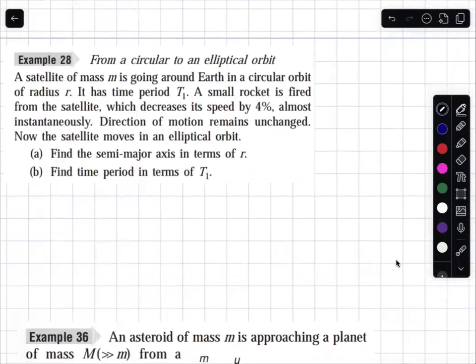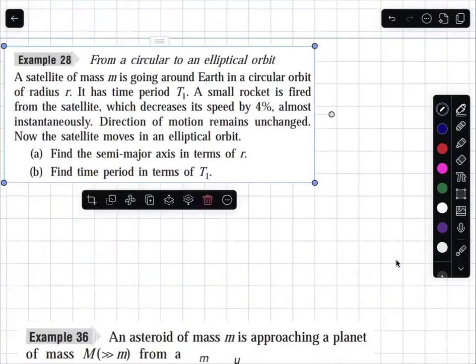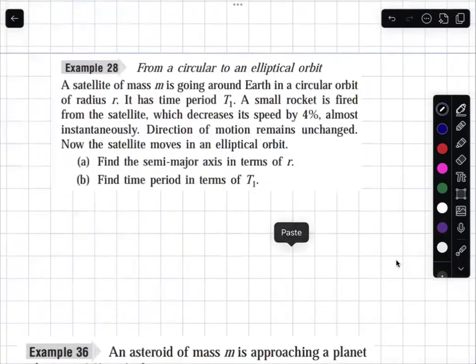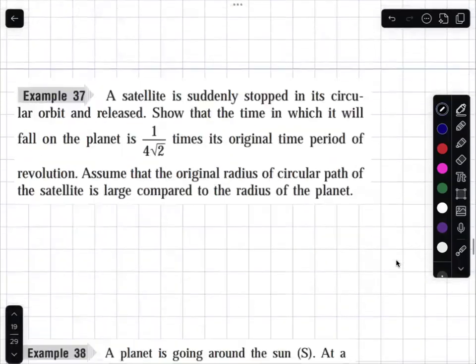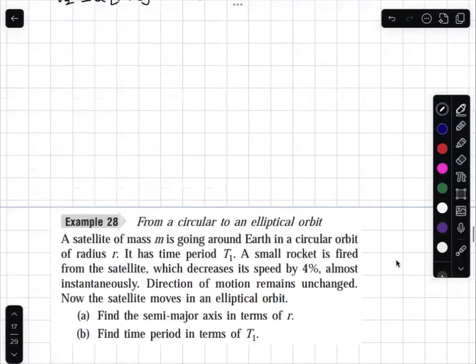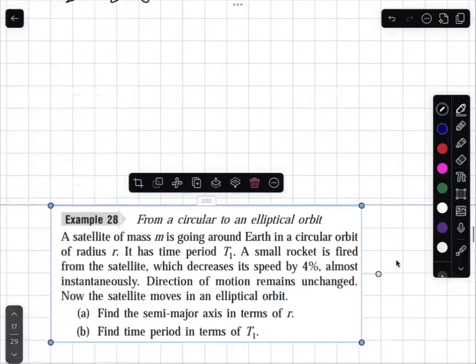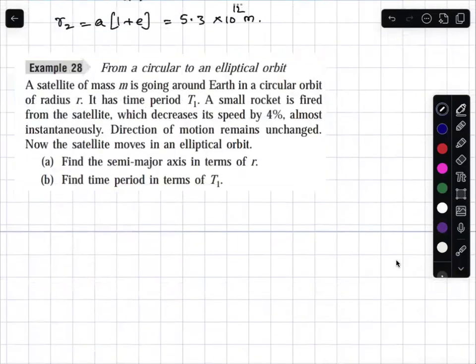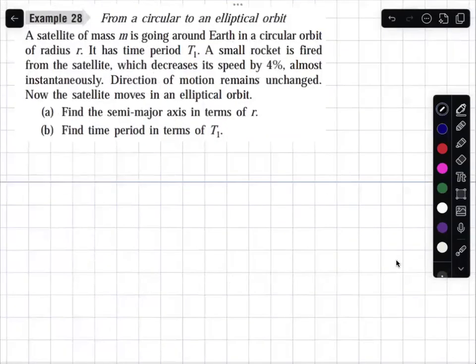Next question is example 28. It's a very simple question. Any doubts in this question? From a circular orbit to an elliptical orbit change.